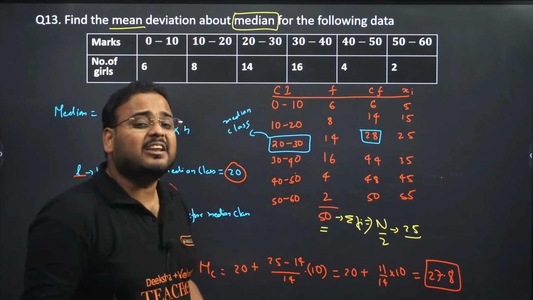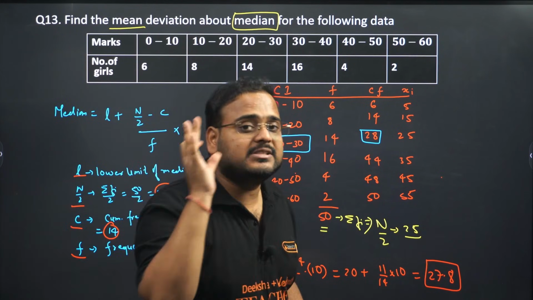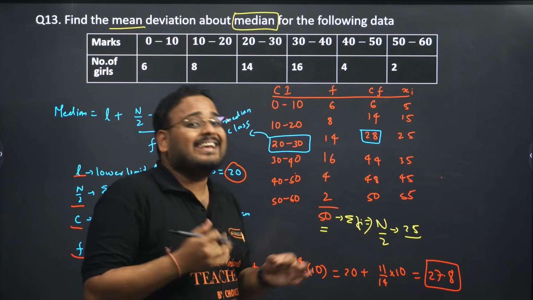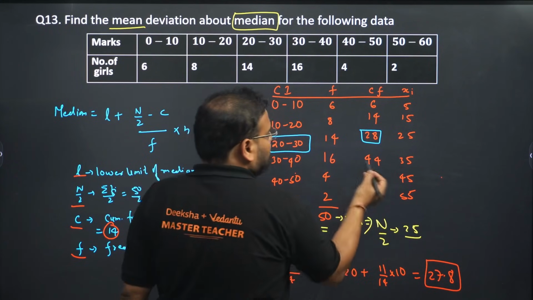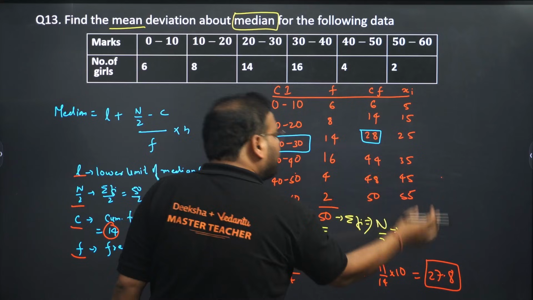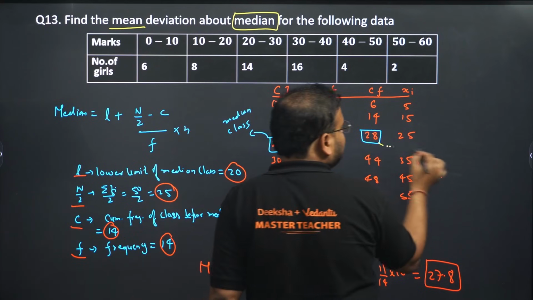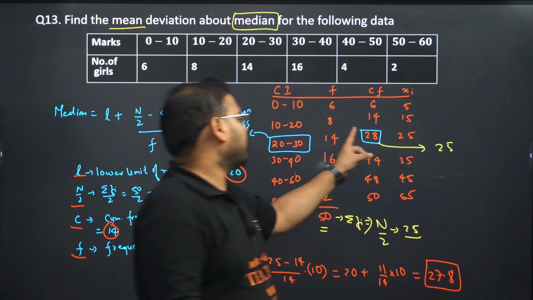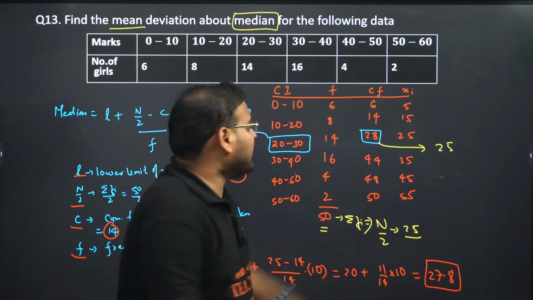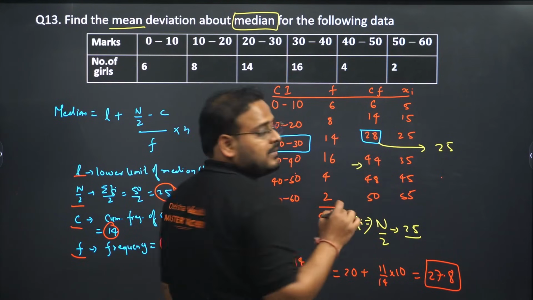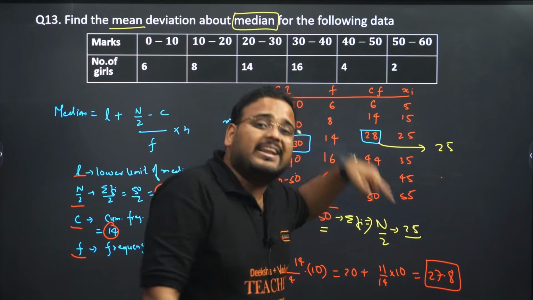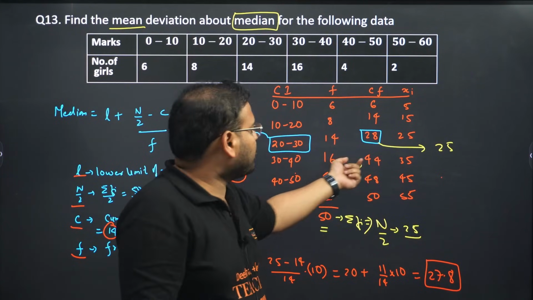Now check in which cumulative frequency this number can be contained easily, which is capable of containing this. If instead of 28 it was 25, I'd move and check the next one, because if 25 and 25 is there, it will not contain it. You have to move to the next one and select that value.